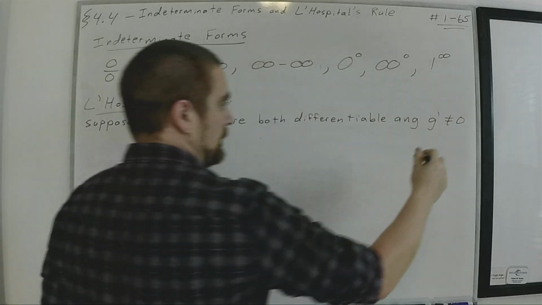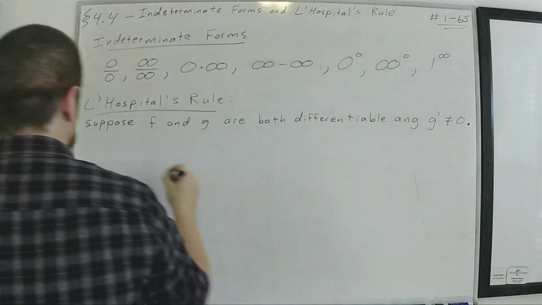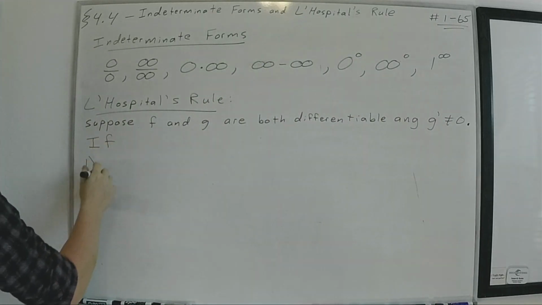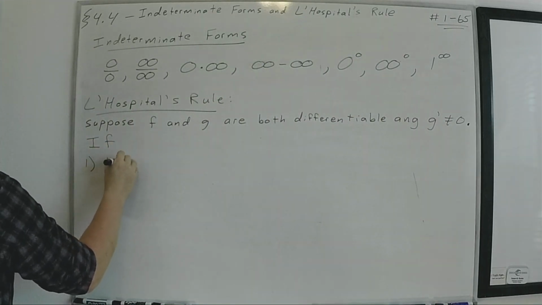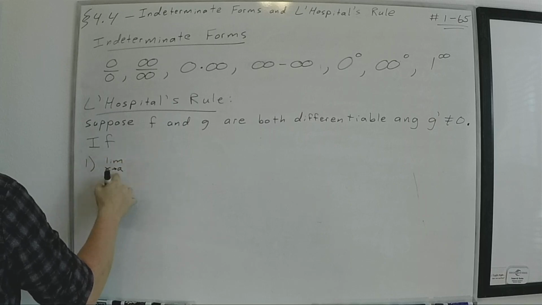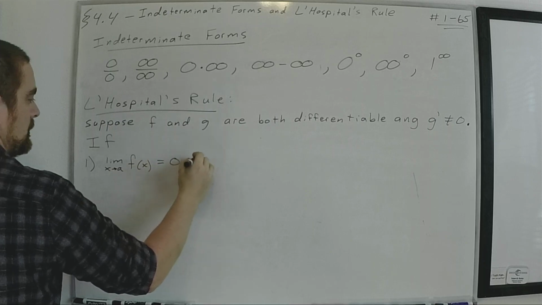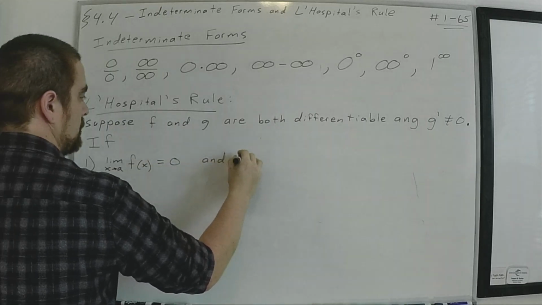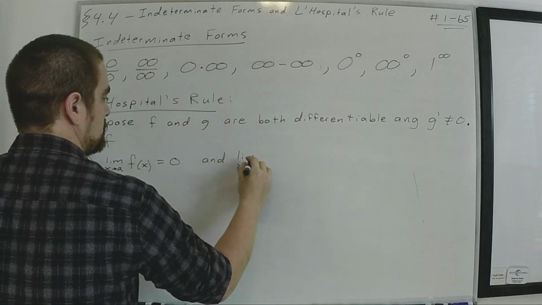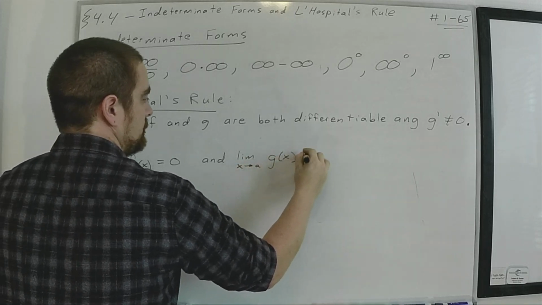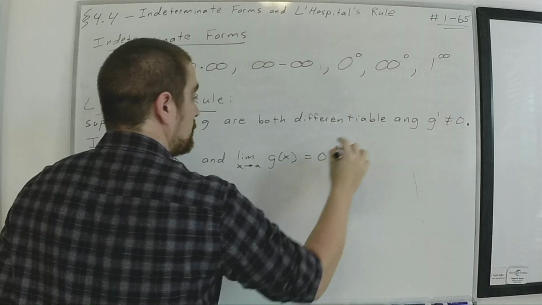You'll see why in a second. If, and I'm going to separate it up into like two cases. Case 1, the limit as x goes to a of f of x is 0, and the limit as x goes to a of g of x is 0.